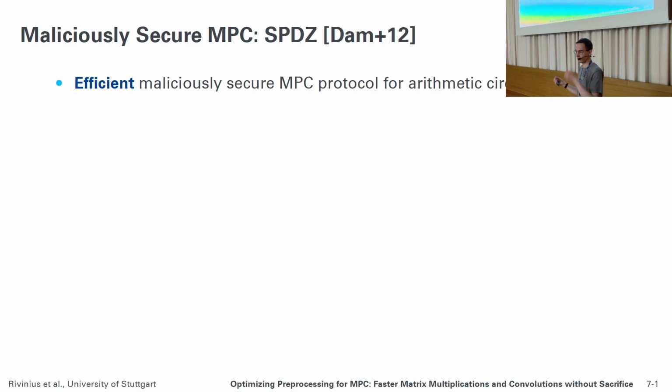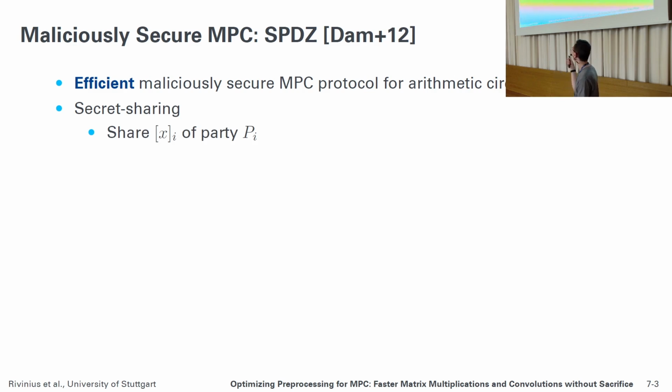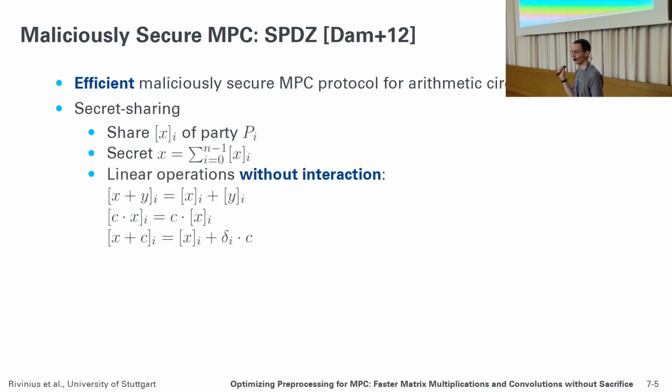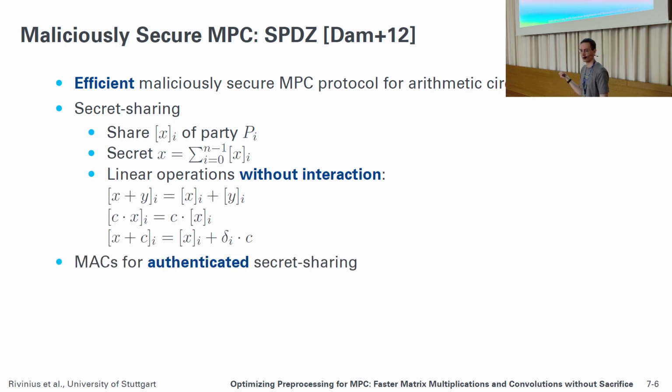In this setting, the SPDZ protocol is very popular. It's a quite efficient MPC protocol for arithmetic circuits based on secret sharing. So here we have additive shares. In this full threshold setting, they just sum up to the secret, and we can do all the linear operations without interaction.